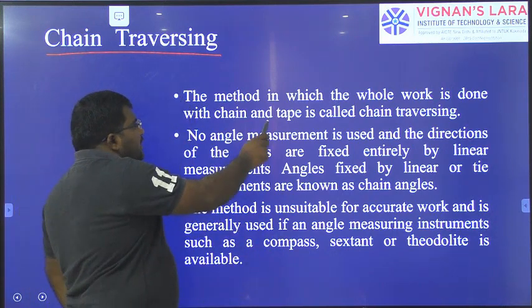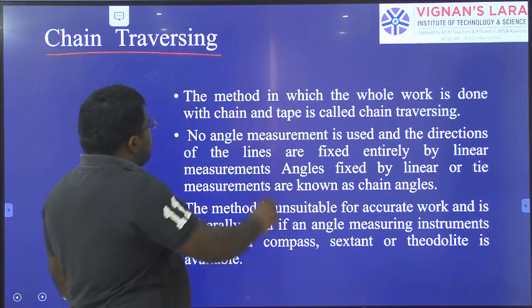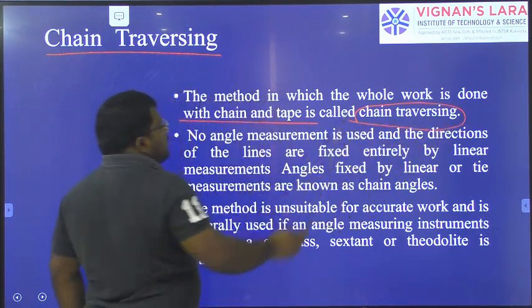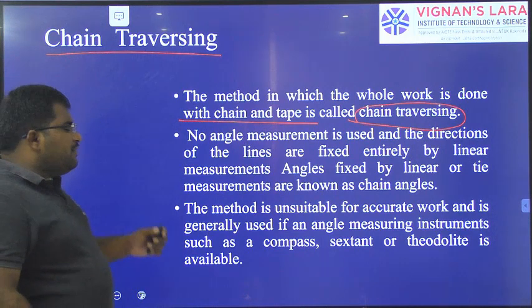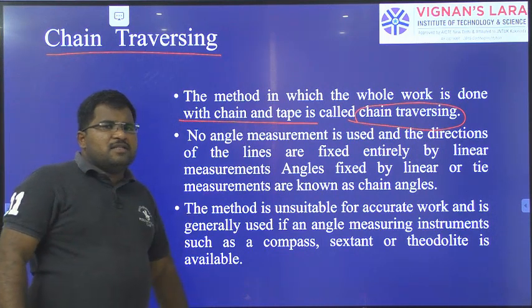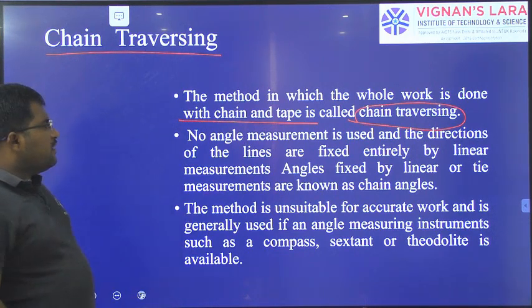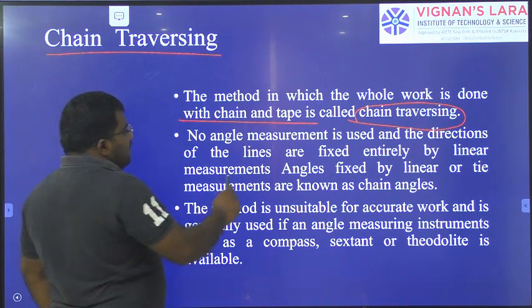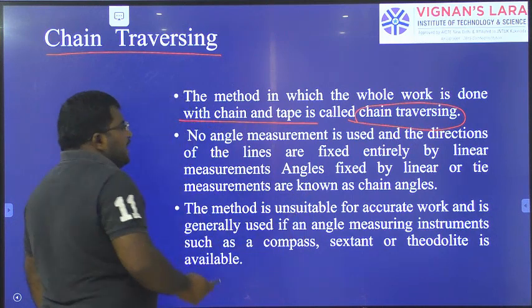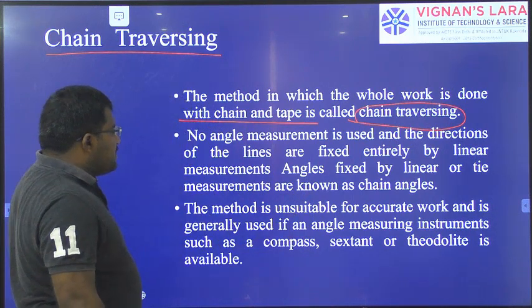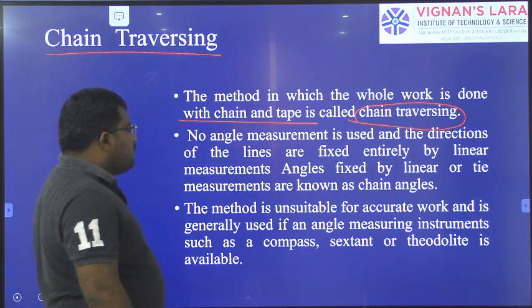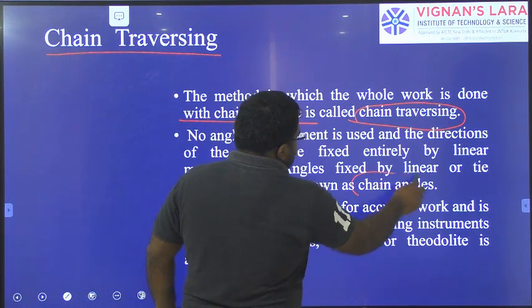Now no angle measurement is used, and the directions of the lines are fixed entirely by the linear measurements. Angles fixed by the linear or tie measurements are known as chain angles.